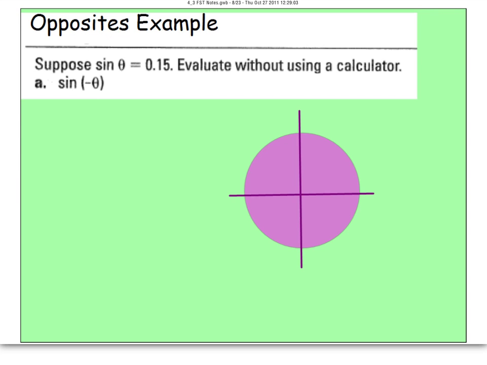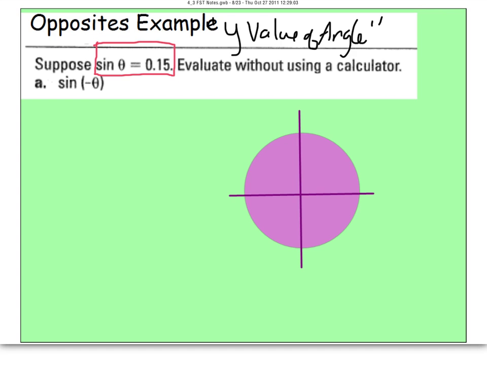I want us to sketch it on the unit circle and then show you how to find the answer. Here's what this says. Suppose that the sine of an angle equals 0.15. So let's just stop with this again. Remember, sine says the y value of an angle. I'm going to put that in words because that's really all this notation says.